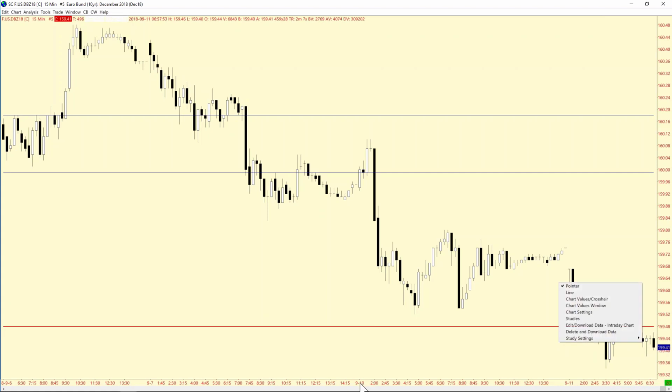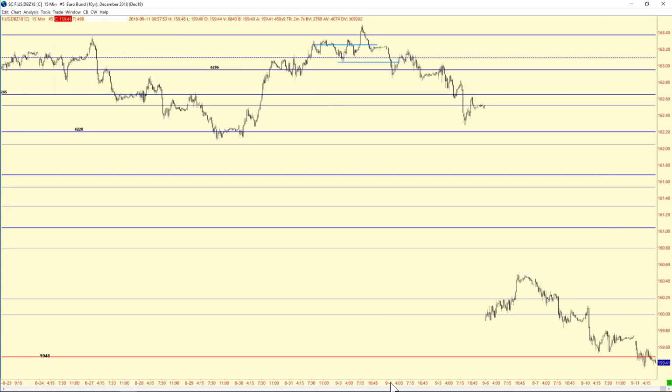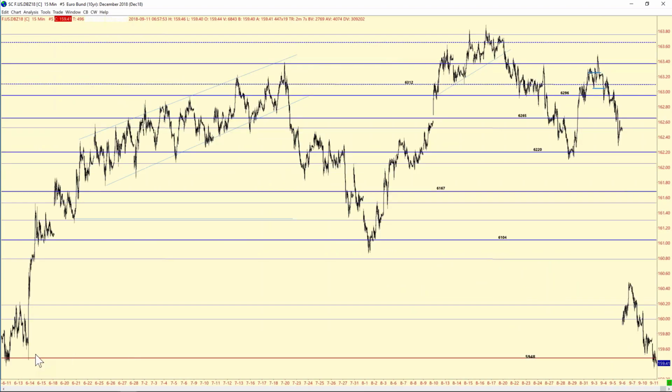We rolled from September to December, but look at these bonds, they're just up and down. We need some kind of something to trade these things. They'll drive you bananas.